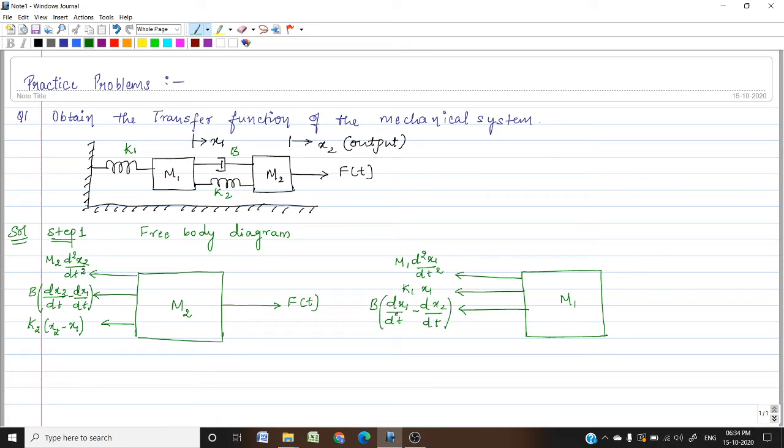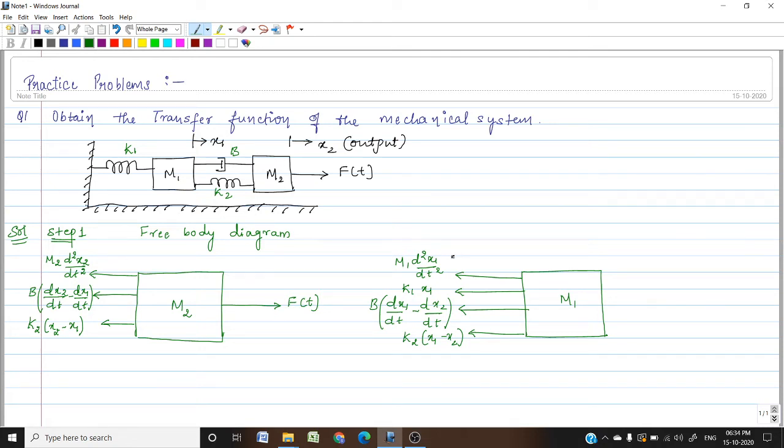Always the reaction forces will be in the opposite direction as that of your input forces. And then because of K2, we will have K2 (x1 minus x2). When the damper or spring coefficients are placed between two displacements, x1 and x2, when we are writing the equation for M2, the difference should be dx2 minus dx1.